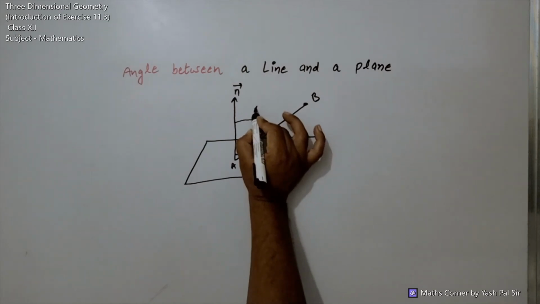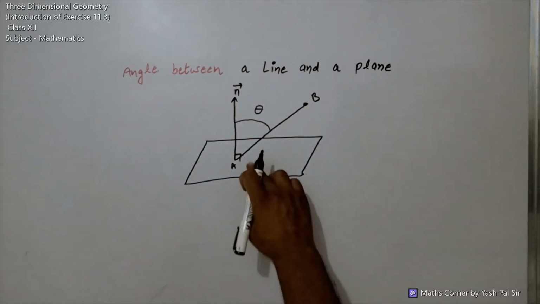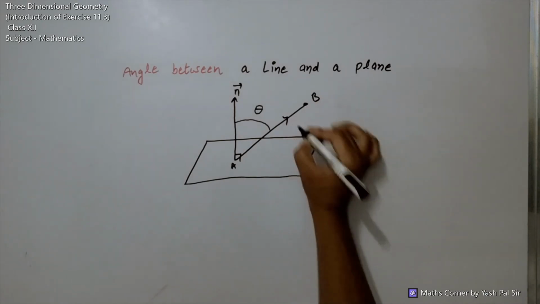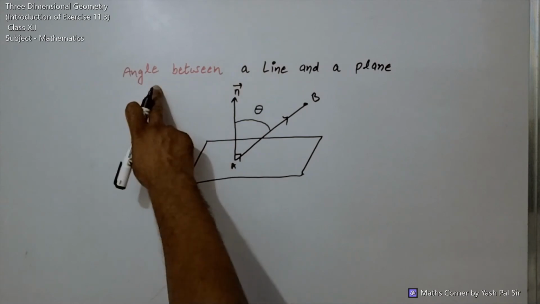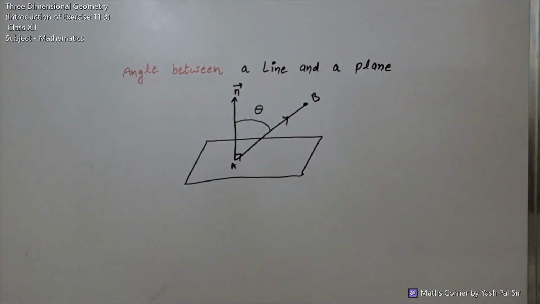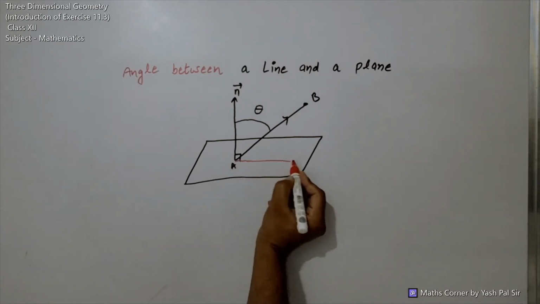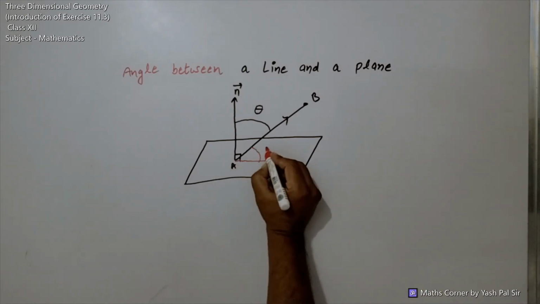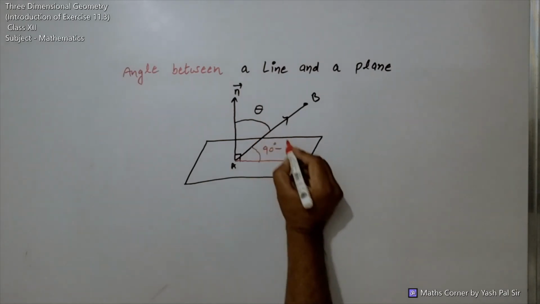So if theta is the angle between the normal and the given line, but the question is to find the angle between the line and the plane, so we are required to find this angle.